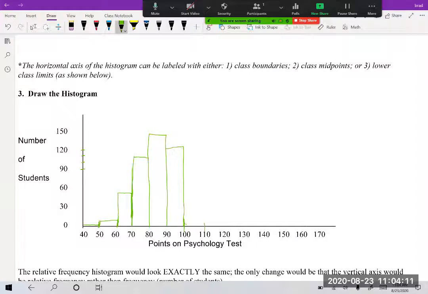And then 100 to 109, that's 78. So that's almost 80. Let's call that right about here. And again, I'm doing the best I can. It's not perfect, right? Oh my gosh.